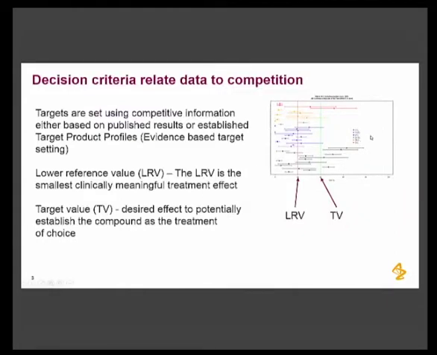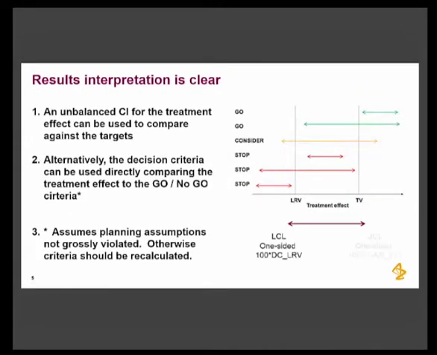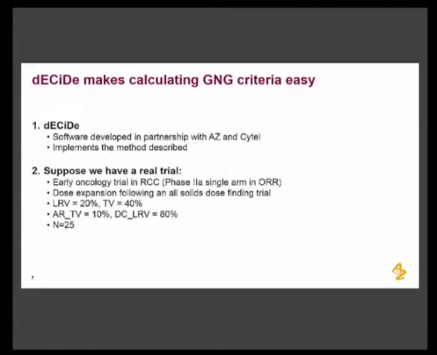This figure here is basically a forest plot of all the literature across various lines of therapy that helped us set these targets. It's a different subject, but the idea is that, after discussion with the cross-functional group and considering these data, this is where that lower reference was set, and then this is where that target was set. So just to shift back to where I was, bear with me, please.